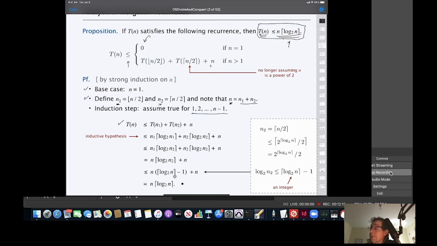And since this number can be potentially higher, this equality turns into an inequality, but in the same sense as the previous inequality. So this number is bigger than the original one, and we can simplify this term when developing the parentheses and canceling this negative n with this positive n. We would get n times the ceiling of log 2 of n.